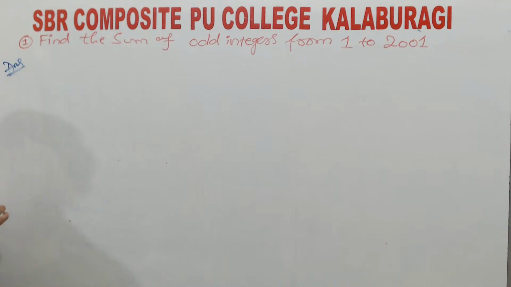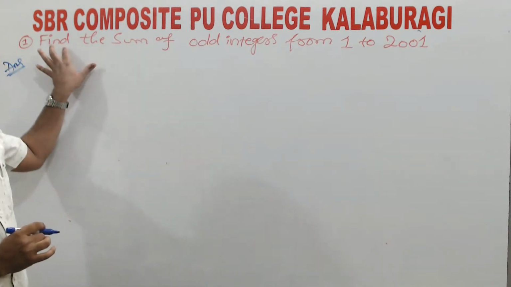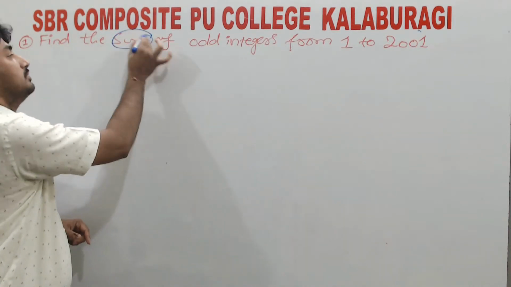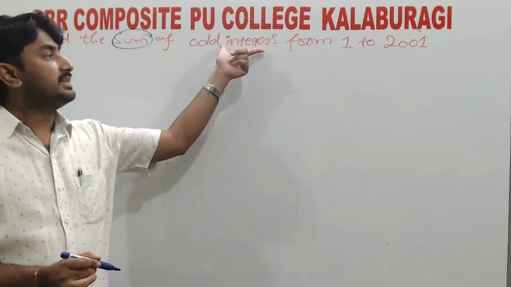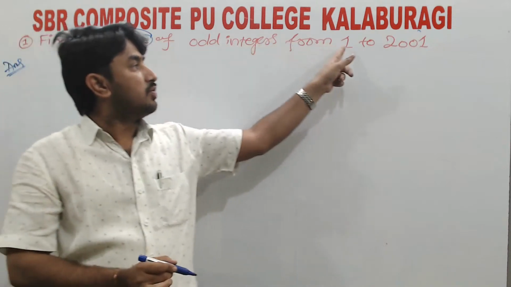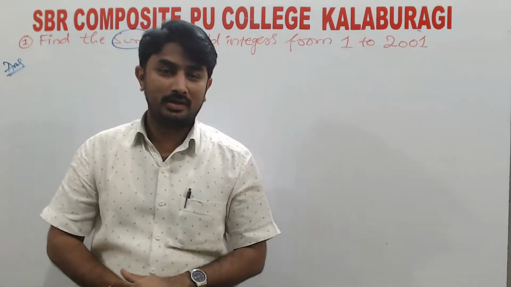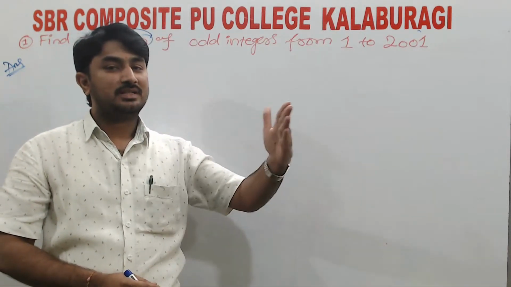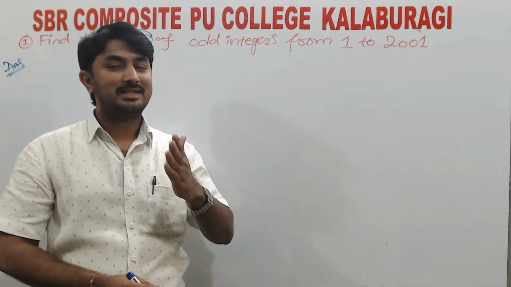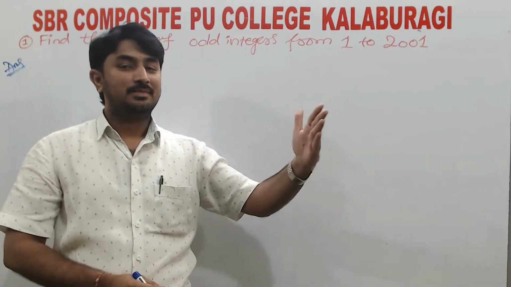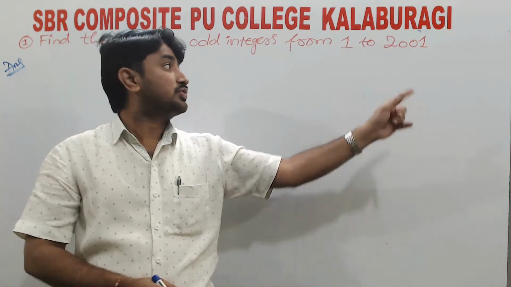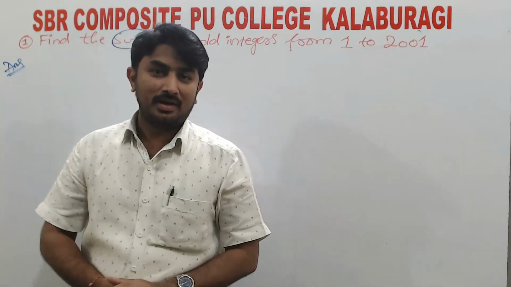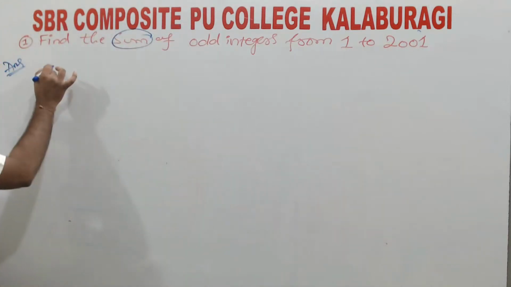Answer. Here they are asking, find the sum of odd integers from 1 to 2001. It means the sum 1 plus 3 plus 5 plus 7 plus 9 plus, and so on, up to 2001.